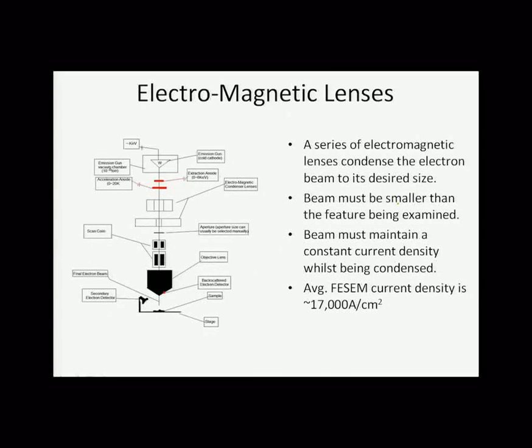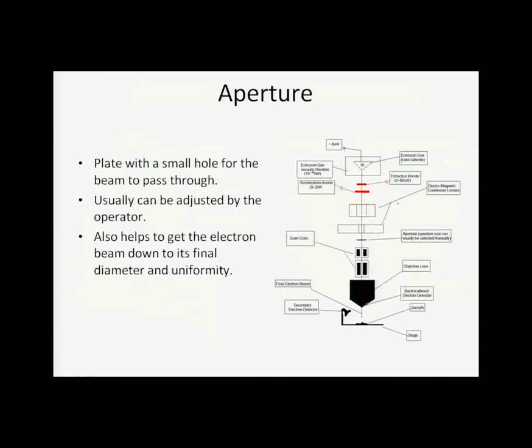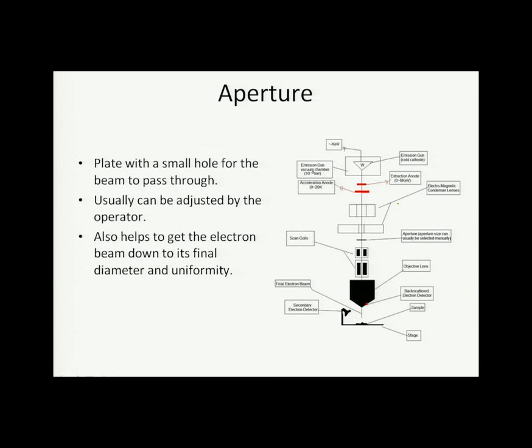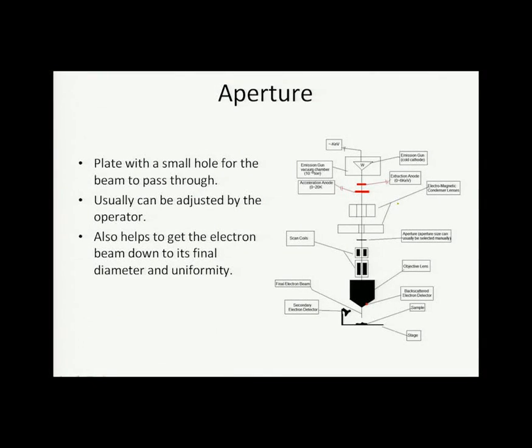A little bit more about the aperture. It's going to be a metal plate with a small hole for the beam to pass through. This usually can be adjusted by the operator. It also helps to get the electron beam down to its final diameter and uniformity. So just to be clear here, what does this look like?